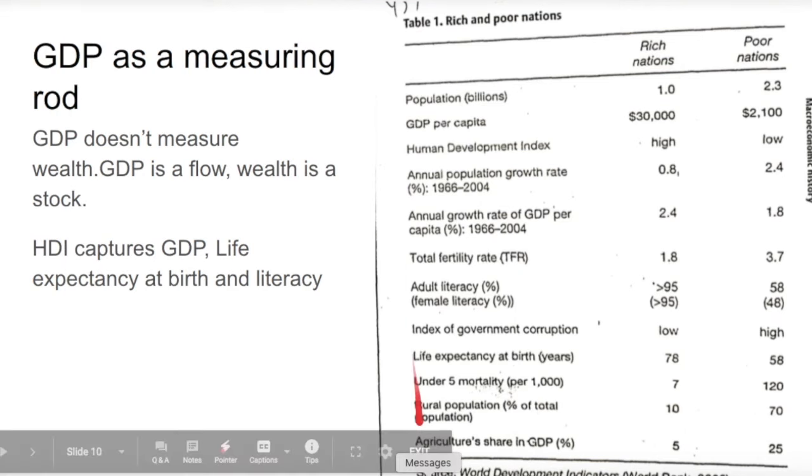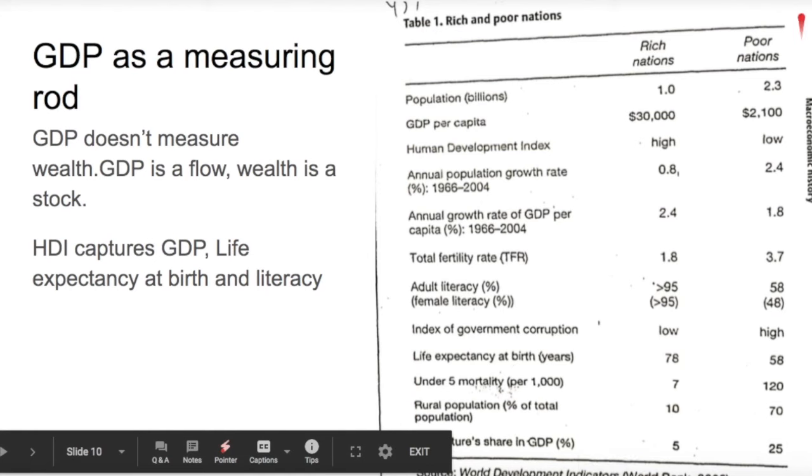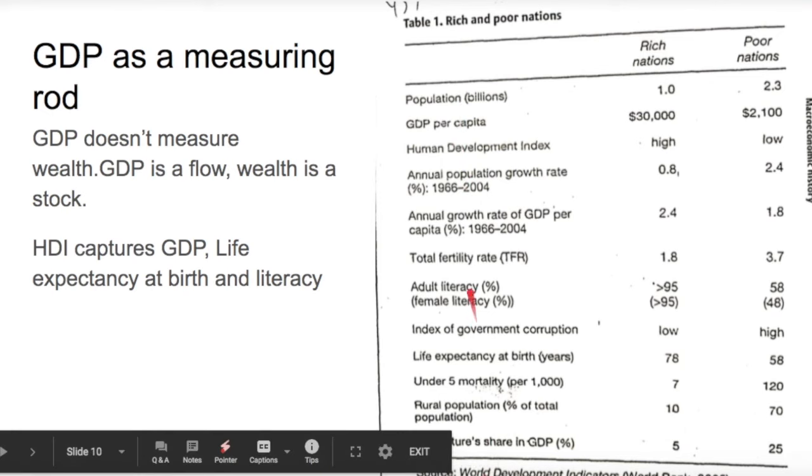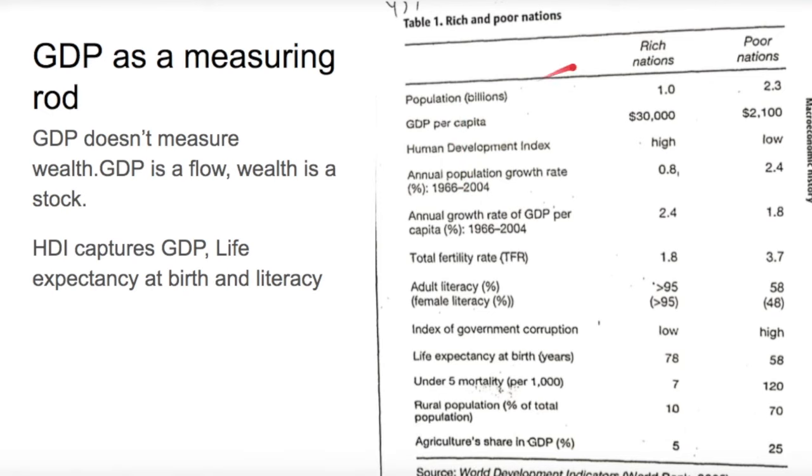Just to summarize, and then we can begin with a video, look at this table. It's also there in your textbook, and it tries to differentiate the rich nations and the poor nations based on these factors, some of which we've already discussed in the last slide. You can see that these factors are indeed significantly different across the two poles.